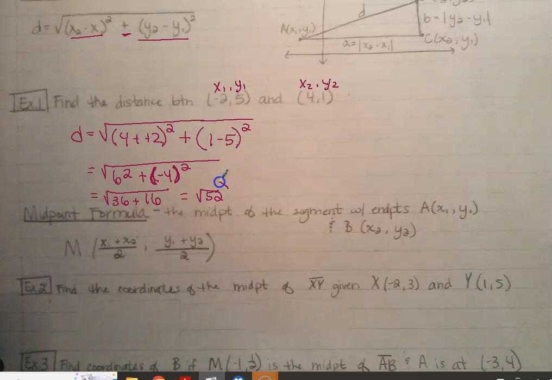Okay, so I will accept this today. Or you can put it in the calculator and you would get that it's approximately 7.21. But notice you need to make sure you're saying approximately. The square root of 52 is exact, but in my Algebra 2 class we talked about reducing square roots, which we haven't done in this class. So I'll pass on that for a moment.